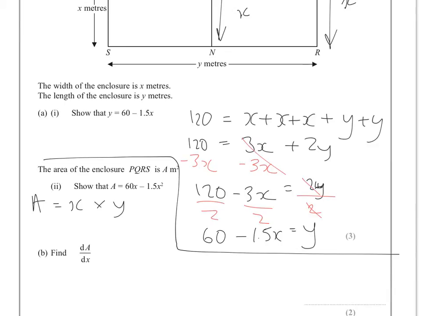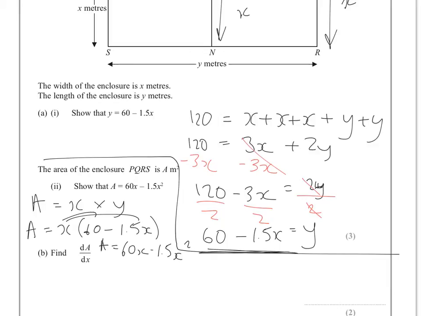Well, I know my y value, 60 minus 1.5x, so A equals x times 60 minus 1.5x, multiplying out, and you get the area equaling 60x minus 1.5x squared.